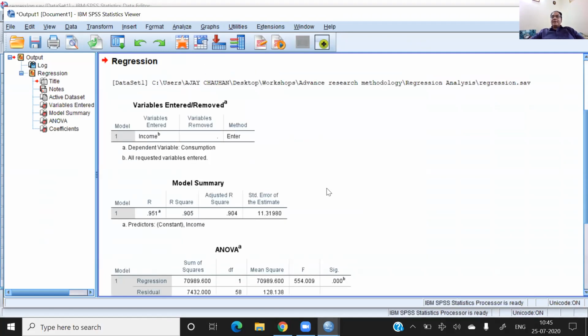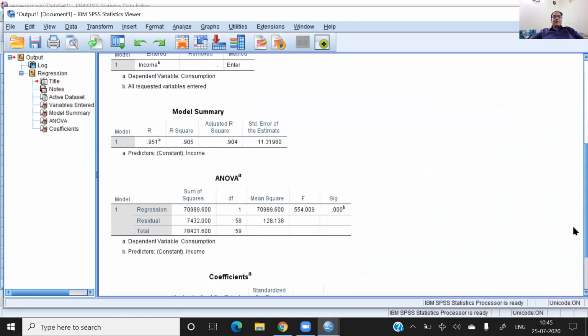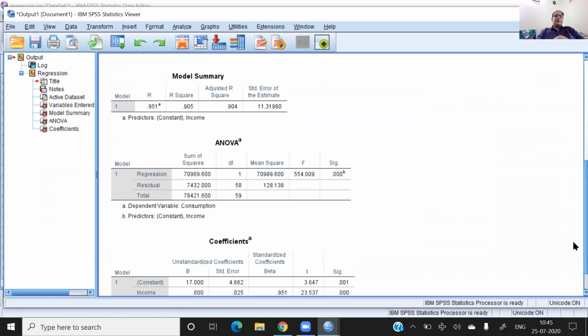Here we are getting the results, and we have to analyze this result. I will explain each value. The first value we are getting is capital R. So what is this capital R?